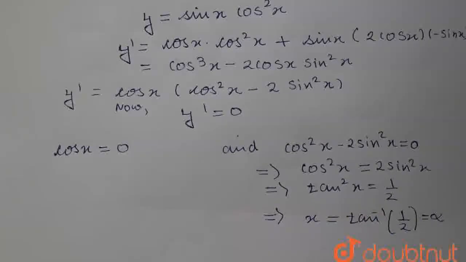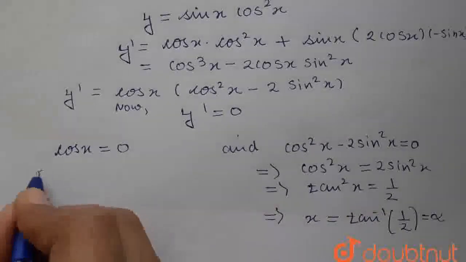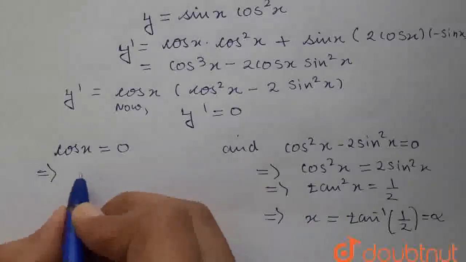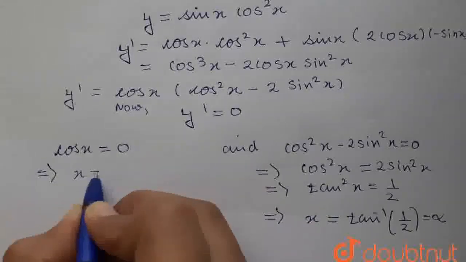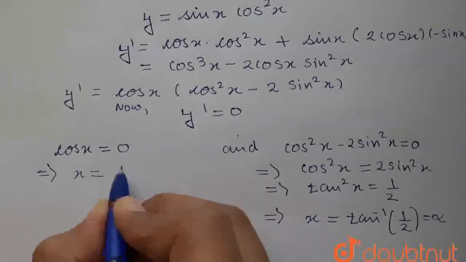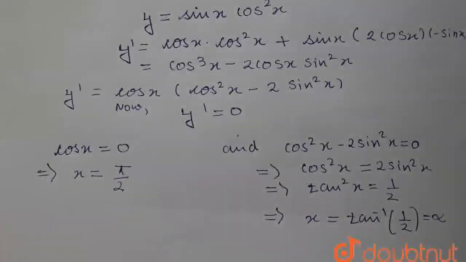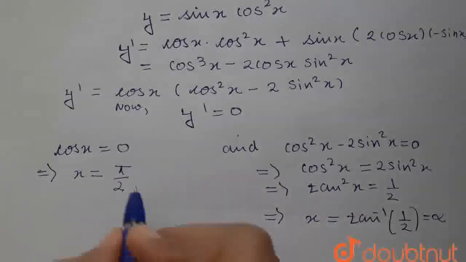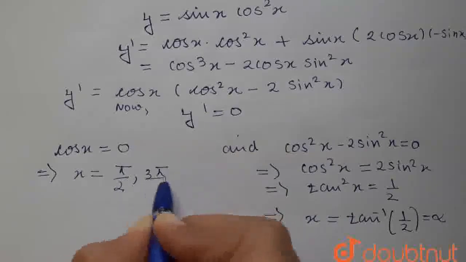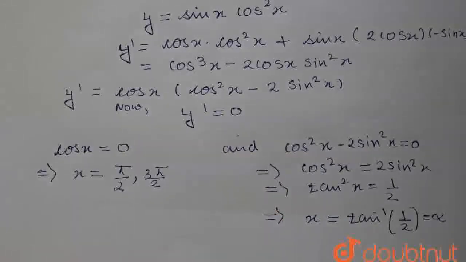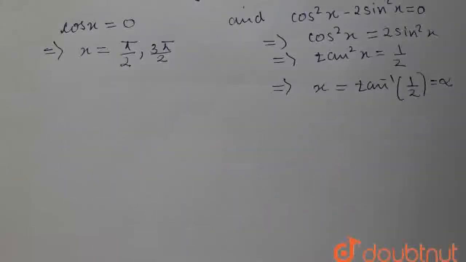Now from here the value of x will be what? Pi by 2, as cos is 0 at pi by 2, then it can be 3 pi by 2, and so on. Now here tan is positive, so it will also be positive in the third quadrant.